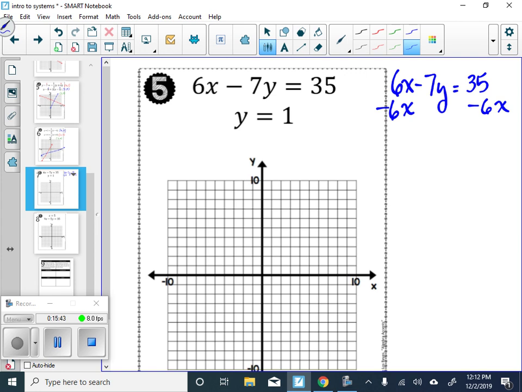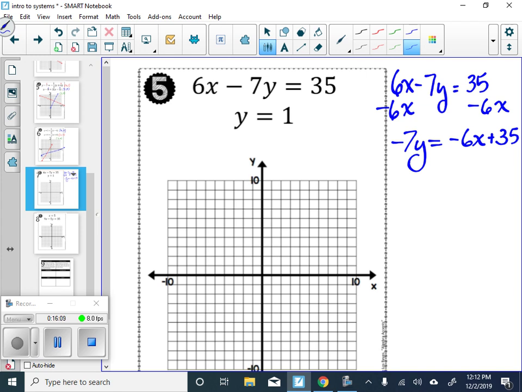What do I have remaining? Negative 7y. Please don't forget that sign in front. So very good. And then that's going to be equal to what's on the other side. Correct? But I want to put it in slope-intercept form. So that means I'm going to have a negative 6x plus 35. So I'm just going to make that do what I want it to do.